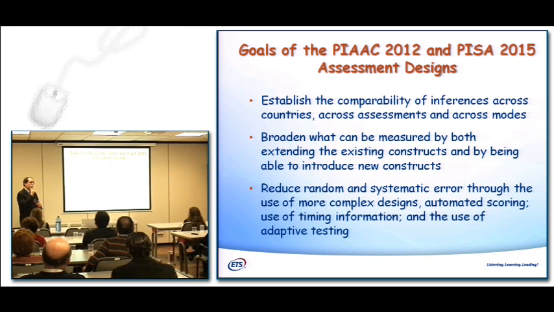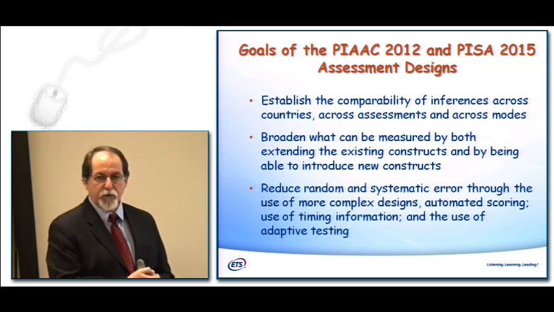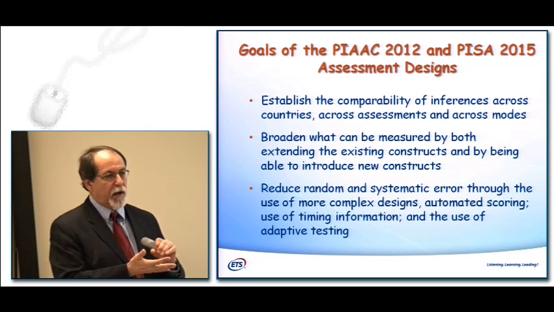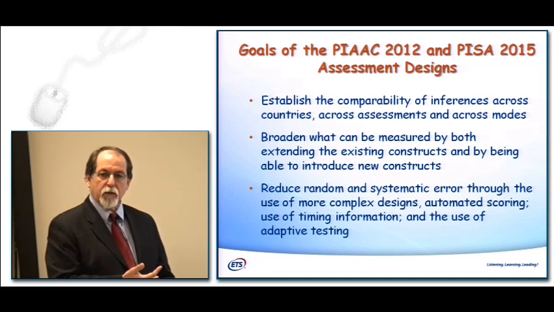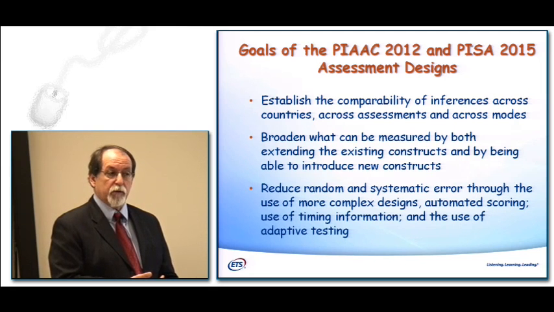And now we've added yet another design criterion for PIAAC and for PISA: if computers are the primary mode of delivery, we know that not all adults can use computers, and not all countries will use computers. So you also have to be able to offer a paper-based assessment, and you want to be able to compare people across the two.